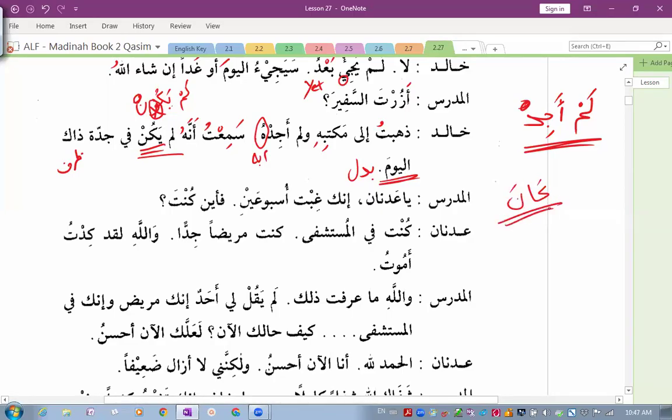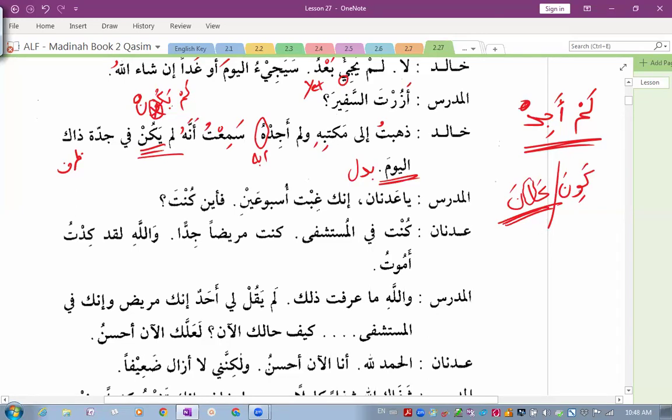Kana, kana, kanu, kanat, kanata, kunna, kunta, kuntuma, kuntum, kunti, kuntuma, kuntunna, kuntu, kunna. So remember it was kawana or kawina, and it became kana. From 1 to 5 we start putting alif. Then from 6 to 15 you start putting a dhamma on it.